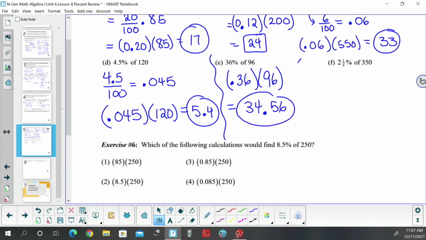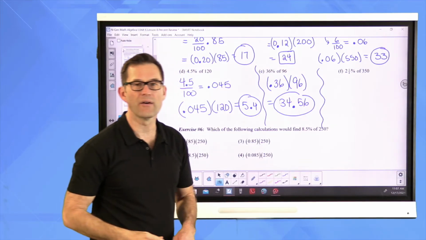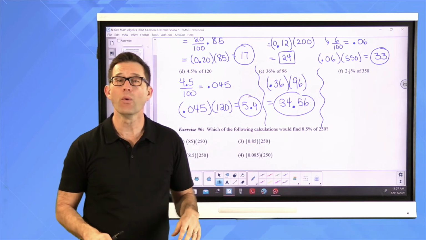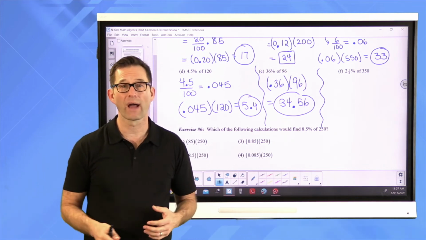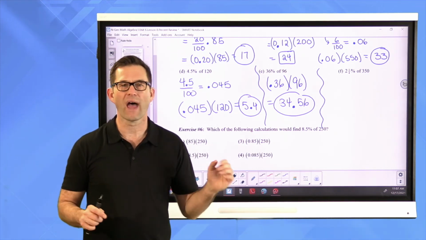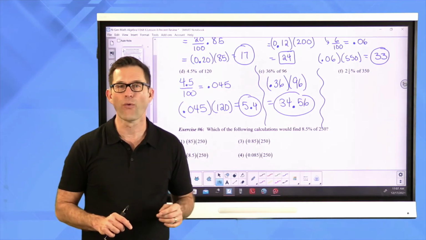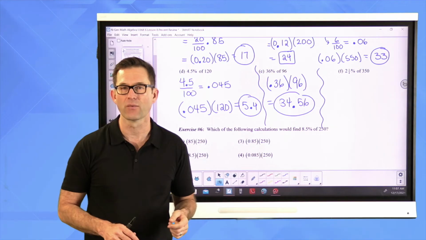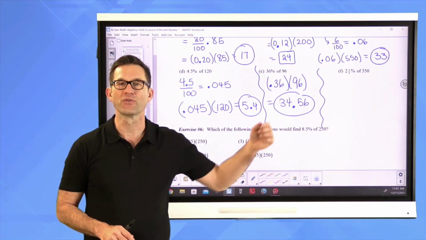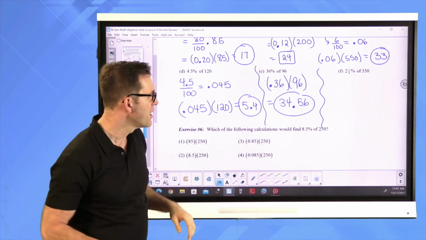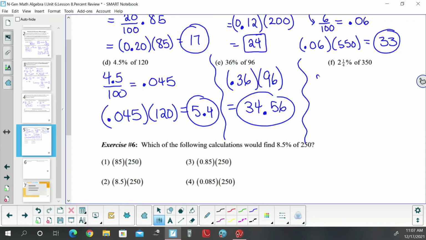And finally, 2.25% of 350. All right. Now, very often, you will run into percents that also have fractions mixed into them. Oh, the tax rate is 8 1/8%. Oh, my mortgage is 4 3/4%. That's where you have to feel comfortable turning common fractions into decimals. In other words, you need to be comfortable with the idea that 2 1/4 is the same as 2.25.